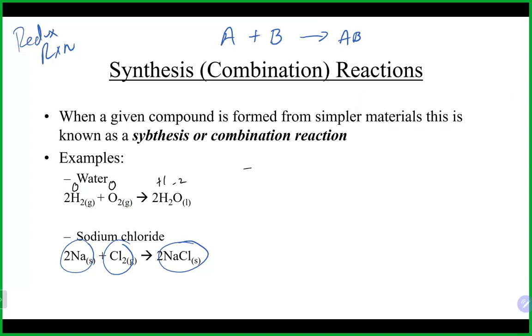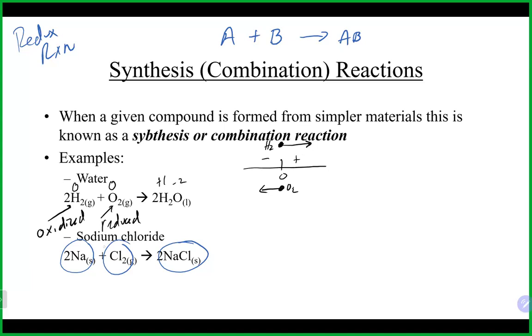So if we look at the hydrogen, it started at 0 on the left. On the right-hand side, it ended at +1, which means it's becoming more positive. It is being oxidized. By default, the oxygen is being reduced in this case. And again, if you look at the oxygen, it started at 0, ended at -2, becoming more negative. So that first one is a redox reaction.